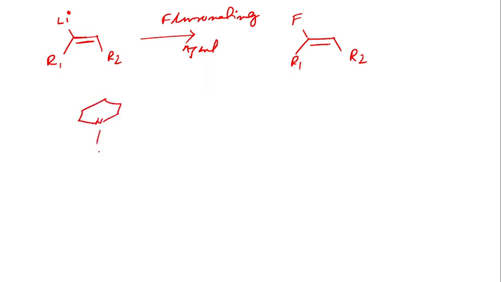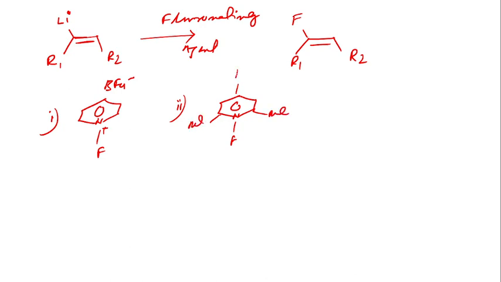These are the things that can act as a fluorinating agent. Number 1 is Na+ BF4-. Number 2 can be N-fluoro N-methyl BF4-. And number 3 is this one, N-F with a plus, and Cl and BF4-.